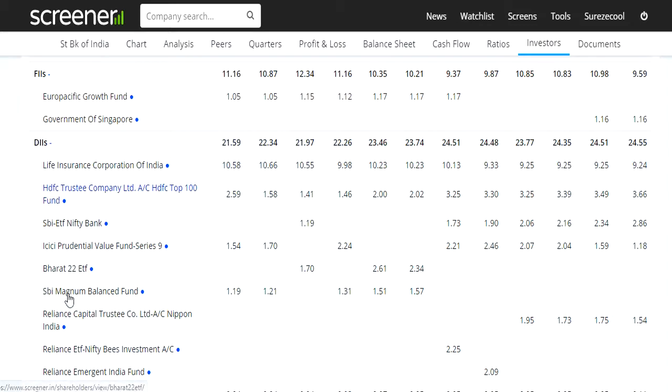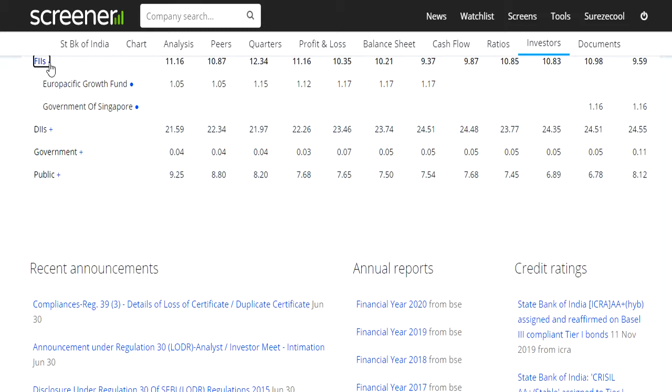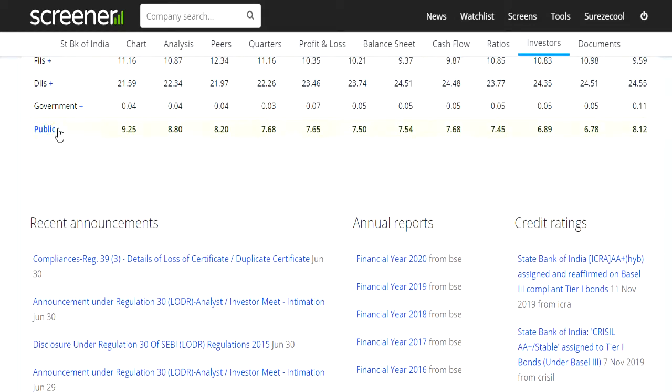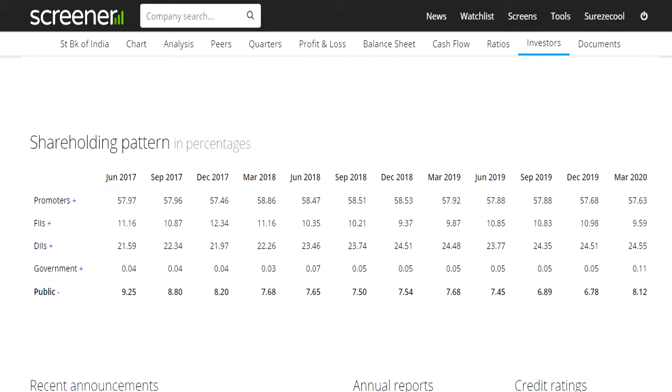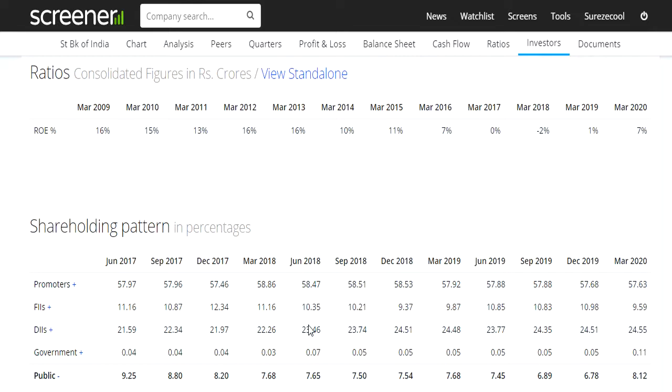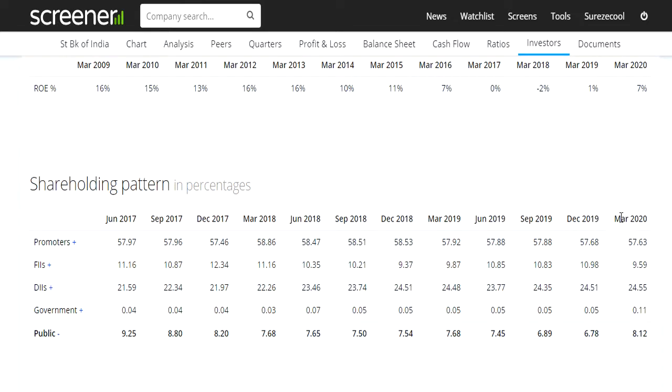You can see all these percentages if you open this one. And then you can see how much the public is holding, it is 9 and then reduces like that from 2017 to 2020. This is one of the interesting tabs to consider in fundamental analysis.